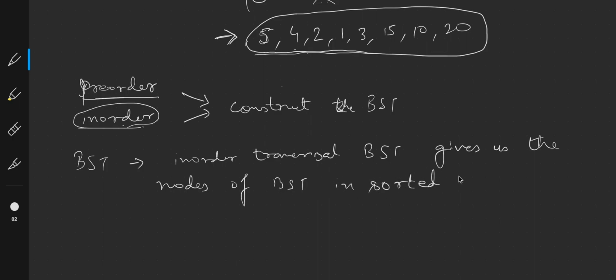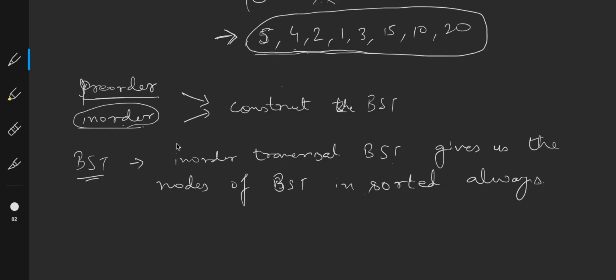Always this property holds true. So if we do in-order traversal of a BST, the output will always be in sorted order.